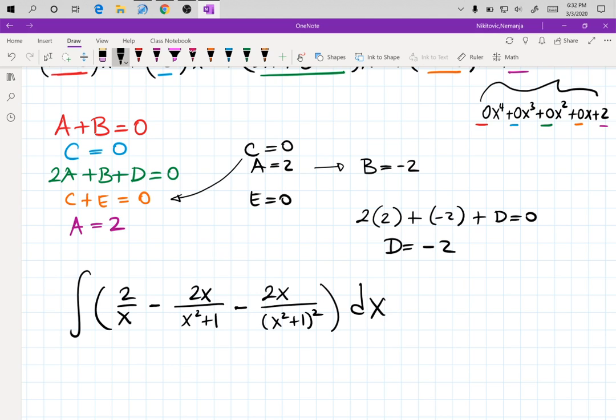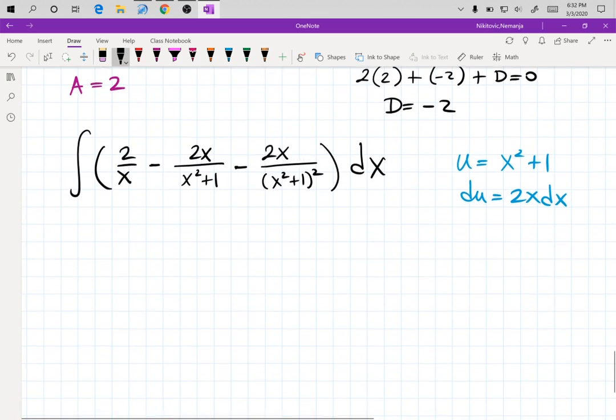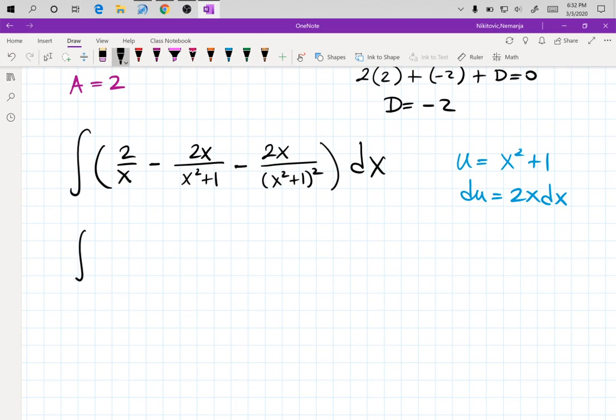Simple U sub. It's tempting to pull that 2 out, but we need it for the U sub, so just leave it alone, right? Time to do the U sub, where U is x squared plus 1. Du is 2x dx. And we have integral of, well, first one is ln, so we're just going to do 2 ln absolute x.